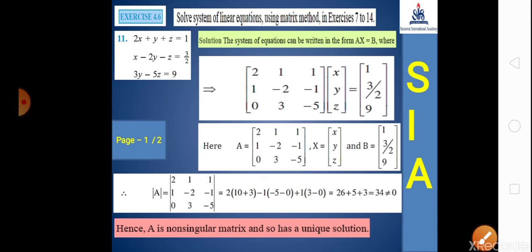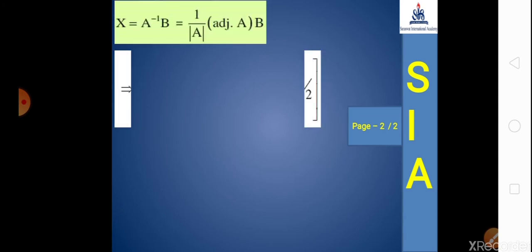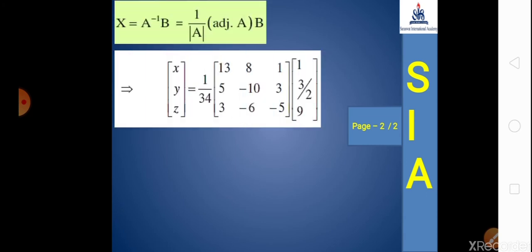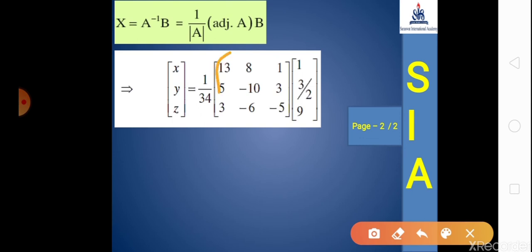Okay, now go to the A inverse process, but in the inverse process you must define the adjoint, and to define the adjoint you must find the cofactors. So these are our cofactors, and all cofactors I directly write down in this solution. Here I do not explain the cofactor method deeply.